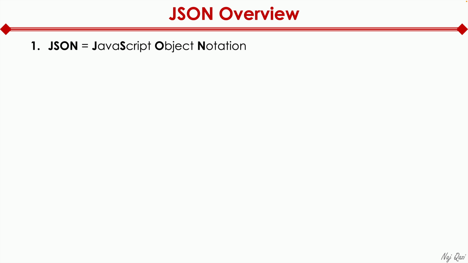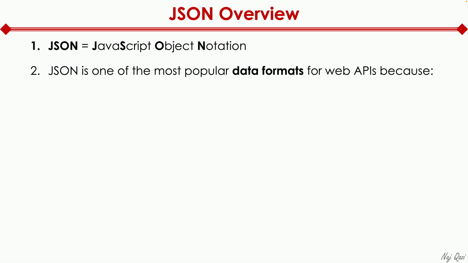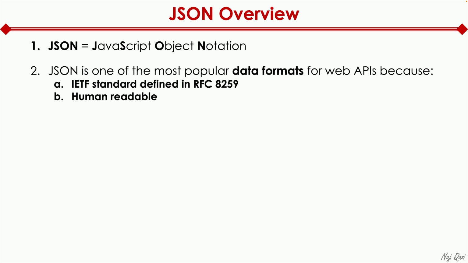JSON stands for JavaScript Object Notation. It's one of the most popular data formats for dealing with web APIs because, first, it's an IETF standard defined in RFC 8259, which makes it widely adopted globally because it's an open standard. It's human readable, which makes it very easy to understand and learn.